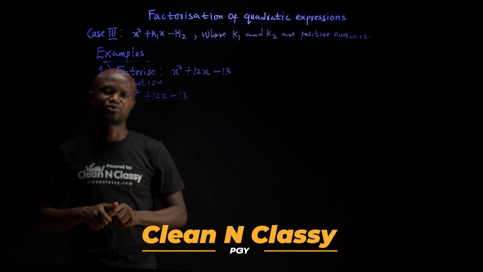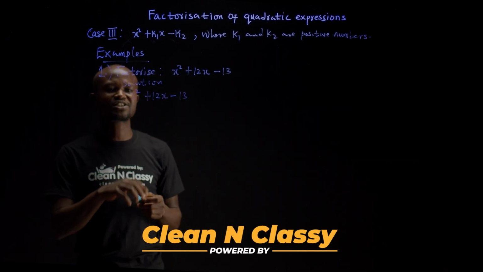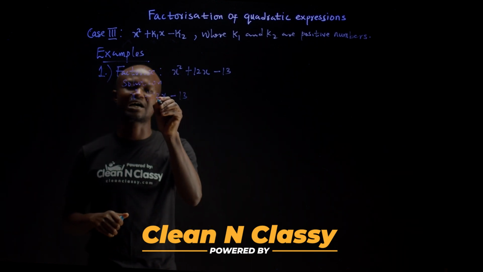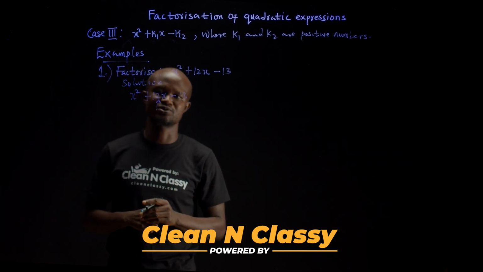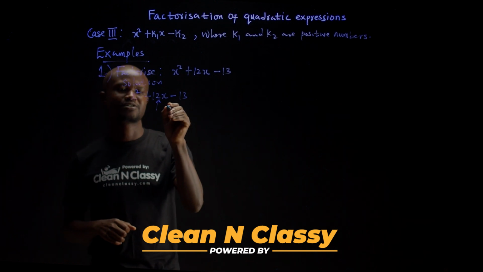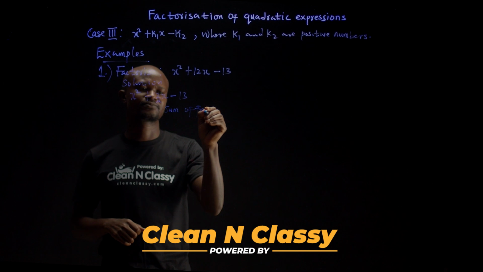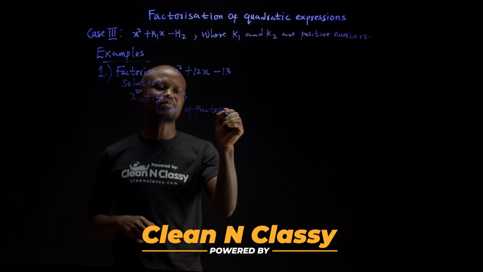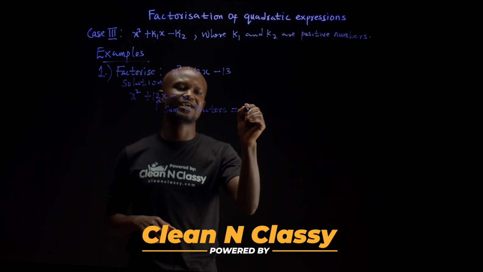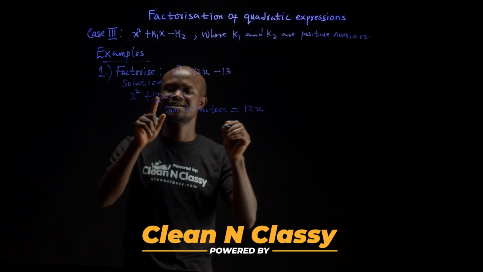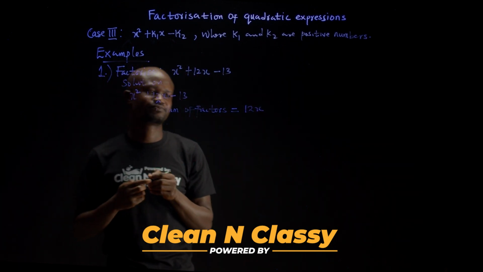What is the first thing to do? The first thing to do is to write out our sum of factors, which is the middle term. The sum of factors we have here is 12x. That is the middle term.